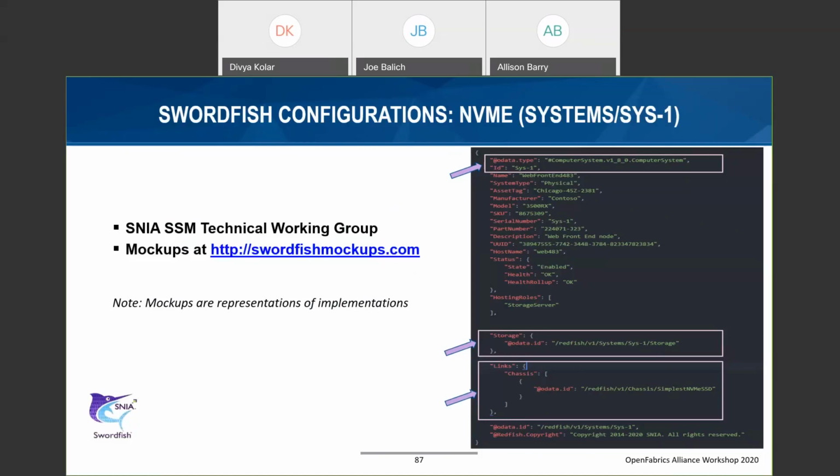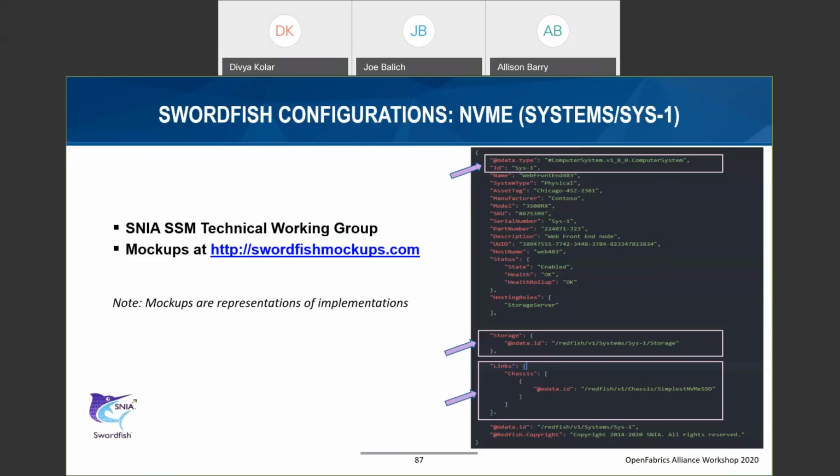So to begin with, the top highlighted block on the right side shows that this is starting with the computer system called sys1, and we can see that it is highlighted by the first block. And this system has a storage, highlighted by the second block here, which shows the link for that storage, like Redfish V1 systems, sys1 and storage.